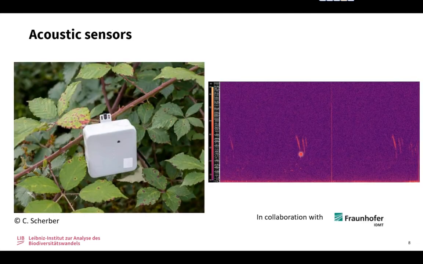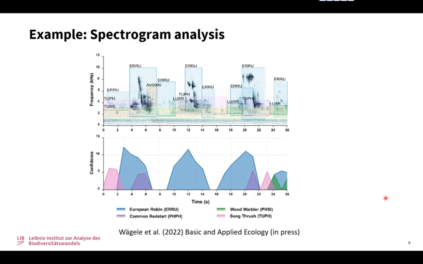Similar approaches can be used using acoustic sensors, this one being a sensor in a little plastic box here that is waterproof. And you get acoustic signals, such as calls of birds or bats, out of it. We are collaborating, for example, with the Fraunhofer Institute to disentangle different call activities and different species.